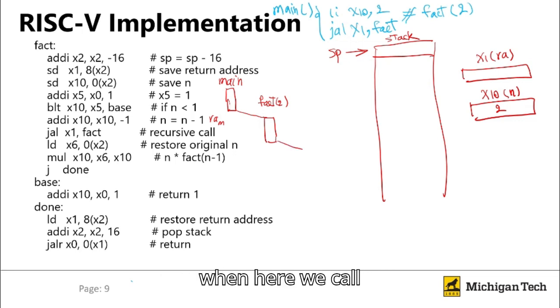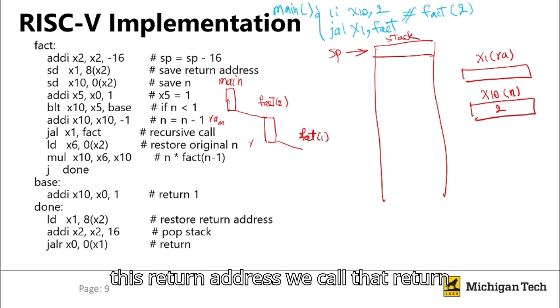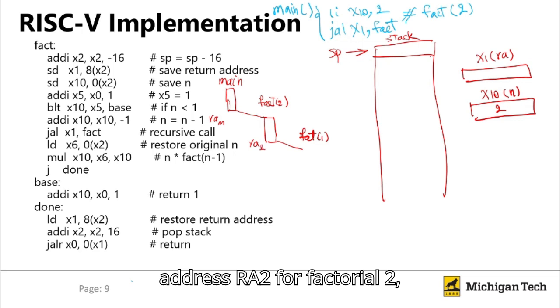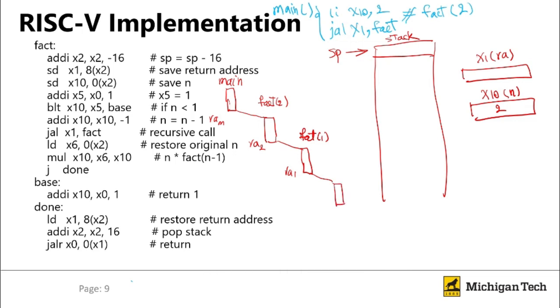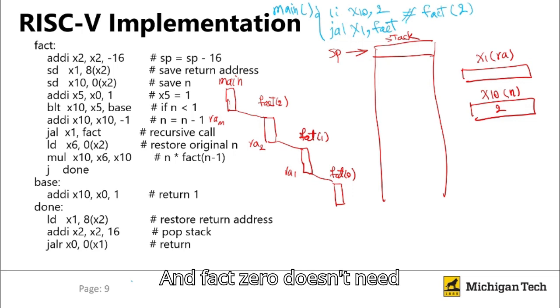When here we call factorial 1, we call that return address RA2 for factorial 2, and here we call that return address 1 for factorial 1, and this calls another one for fac0. And fac0 doesn't need anything because it is a leaf.